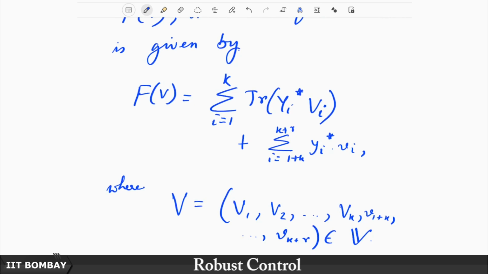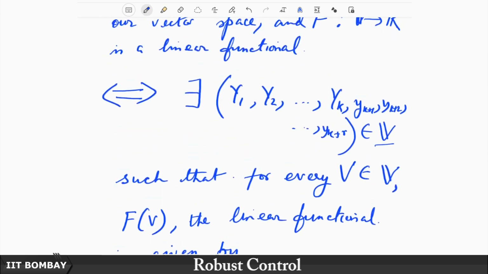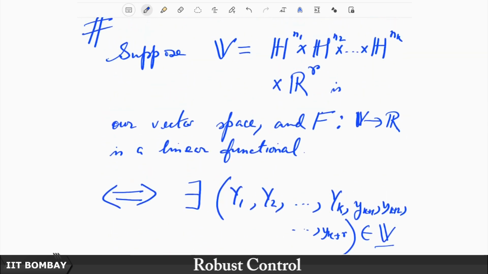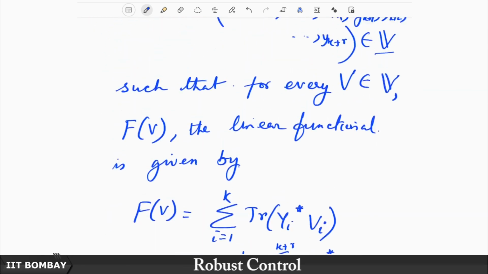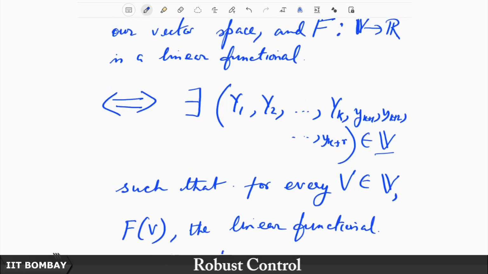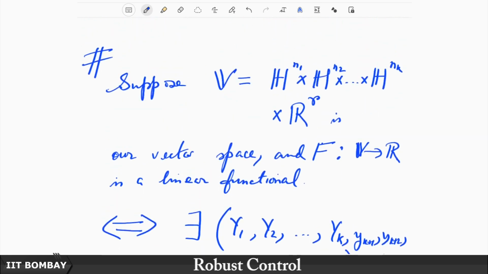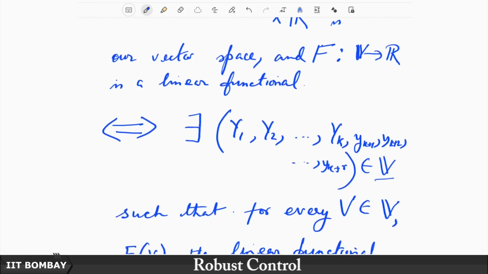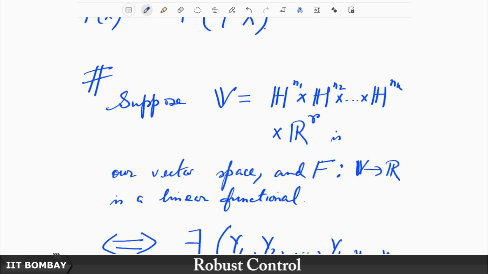When you have described this element like this, then it turns out that every single linear functional that you define in this Cartesian product vector space V must look like this for some choice of y1, y2 through till yk, which each of them come from h to the n1, h to the n2 till h to the nk, and yk plus 1, yk plus 2, so on till yk plus r, each of which is a real number.